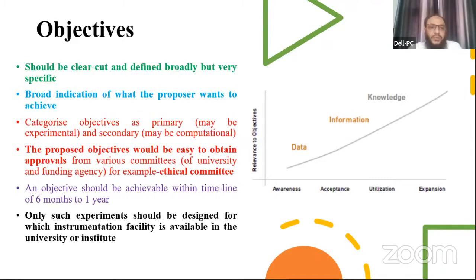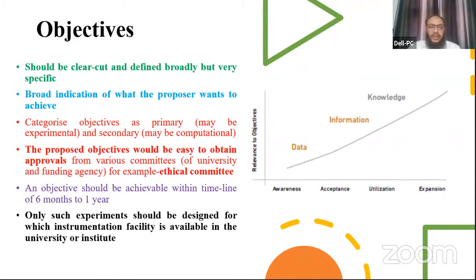Then we should select such objectives which are easy to get approved by the ethical committee. So before taking up an objective, we have to have an intelligent idea of how to get the approval first. This is the main motto: how to get the approval. So in this context, we have to select such objectives which can be easily ethically cleared.